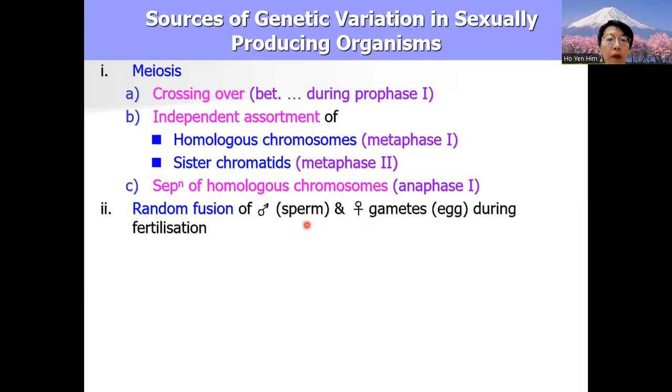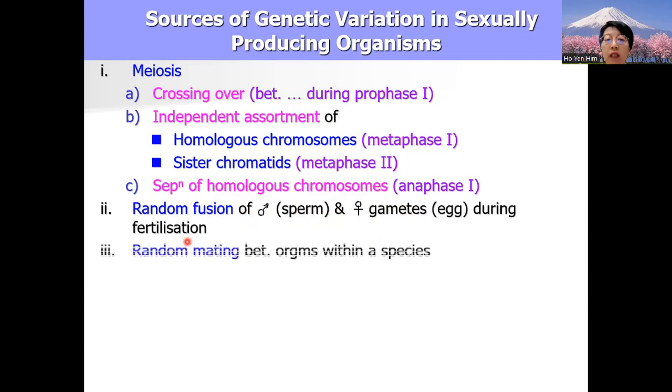So when a sperm fuses with an egg, it depends on which sperm fuses with which gamete, and it is all random. Whichever fuse, the offspring will inherit that genetic material. So your brothers and sisters will look different because they come from different sperm and different gametes from father and mother, and different sperm and gametes are already genetically variable because of meiosis. So random fusion of male and female gametes during fertilization gives rise to genetic variation among the offspring of the same father and mother.